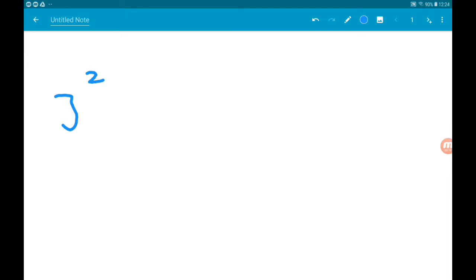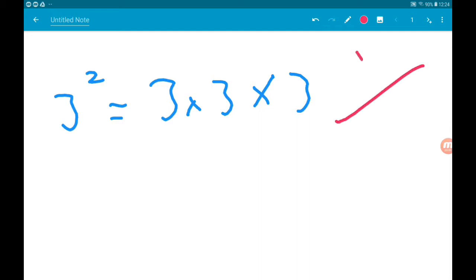Now, if that meant to multiply 3 by itself twice, that would mean we start with 3, and then we're going to times that by 3, so we multiplied 3 by itself once, and then we would do it again. Now that is 3 multiplied by itself twice, and that is wrong.